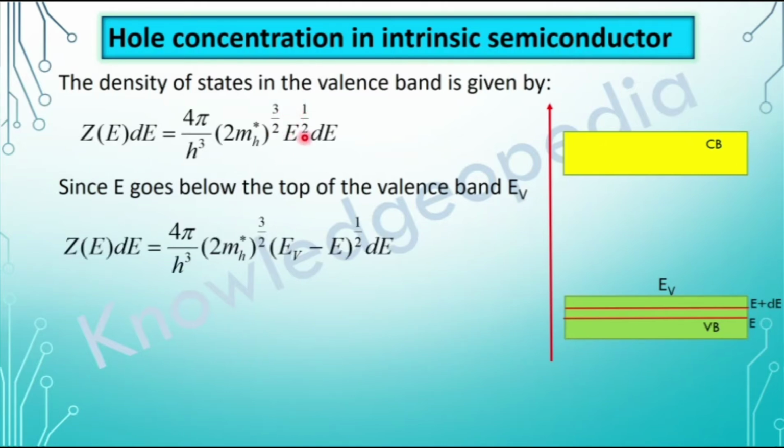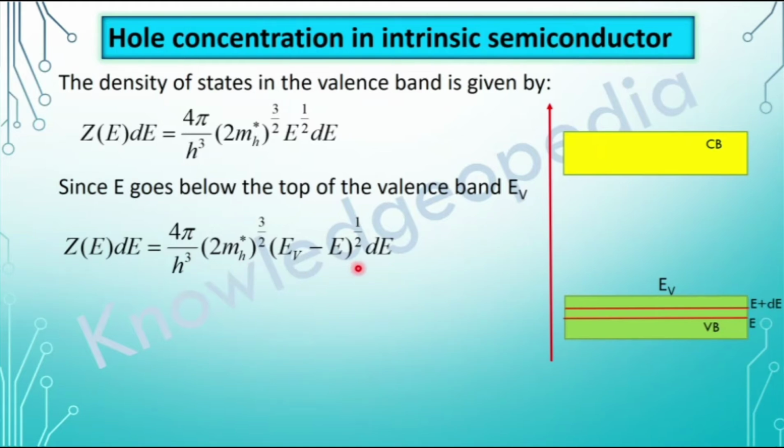You can see this is E. This E can be replaced by EV minus E, because now we are considering EV as our reference and going below EV for all other energy states. Now Z(E)dE equals 4 pi by h cubed, 2 mh star whole to the power 3 by 2, (EV minus E) to the power half dE. This is the expression for density of states.